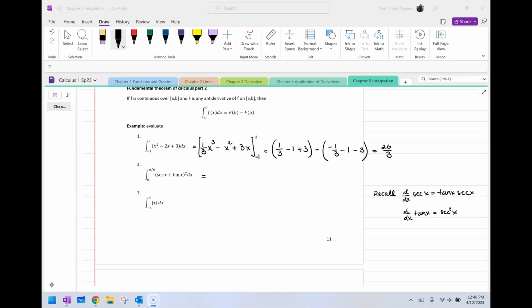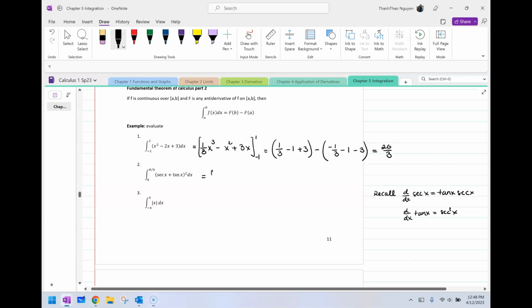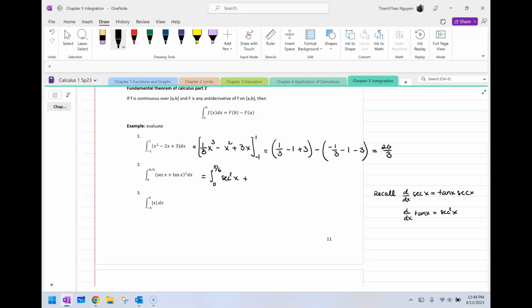So before we take the antiderivative, let's go ahead and expand this function out. We get the integral from 0 to pi over 6 of secant squared of x plus 2 tangent x secant x plus tangent squared of x dx.